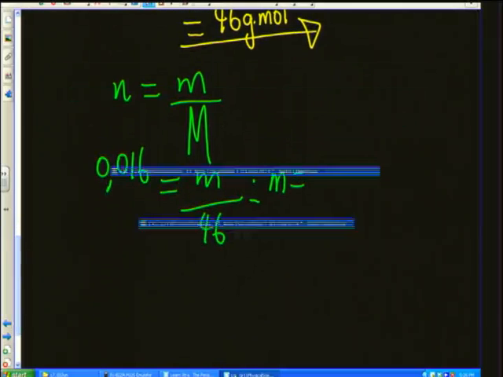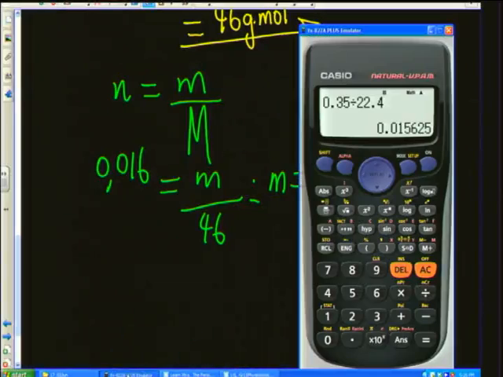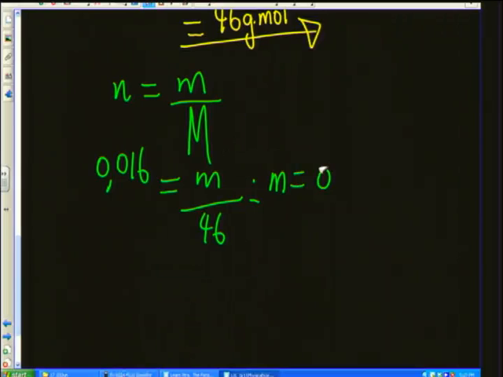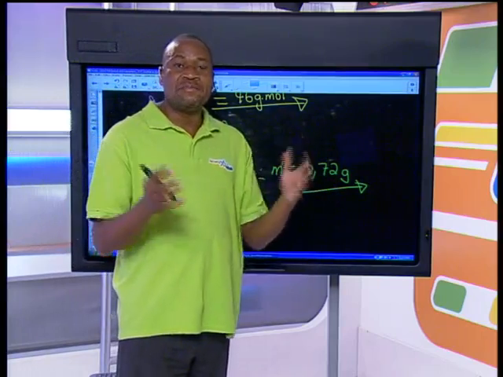We can go back to the calculator and work it out. Because this is the number of moles, we just multiply that by 46 and we get the answer. So the mass is 0.72 grams. So there is that amount of mass in that volume at standard temperature and pressure, of course.